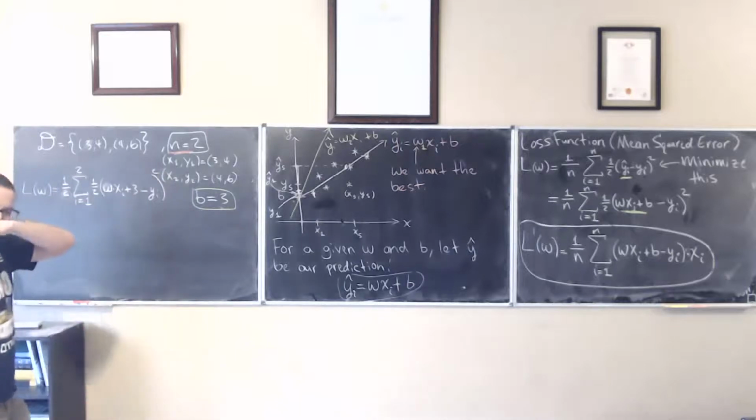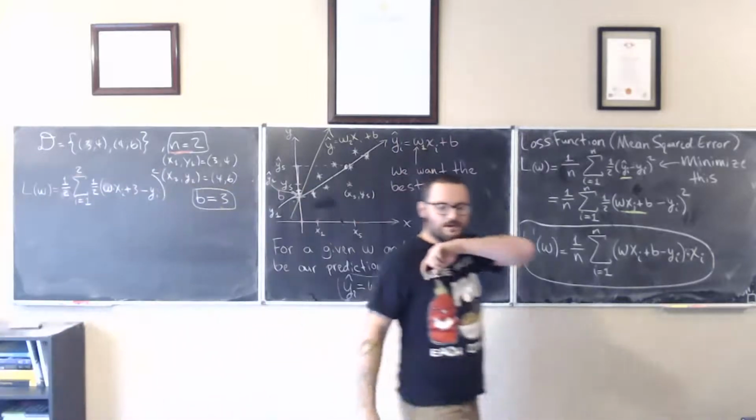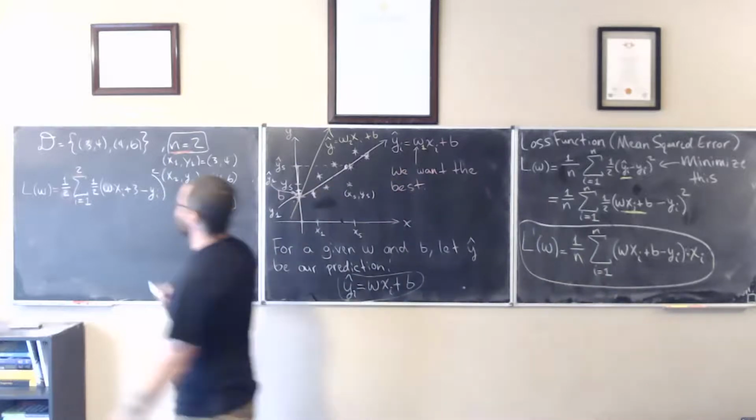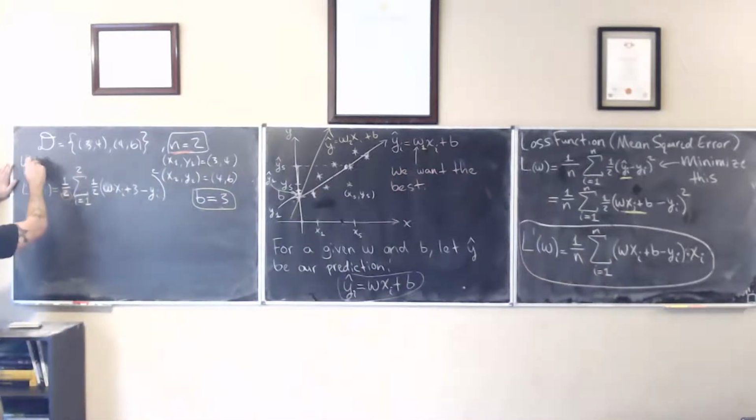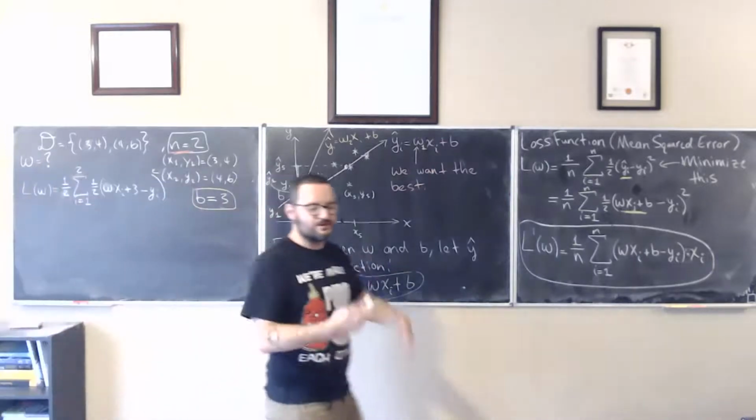So that's the loss function. And again, we don't know what W is. That's the variable. That's the thing that changes, right?